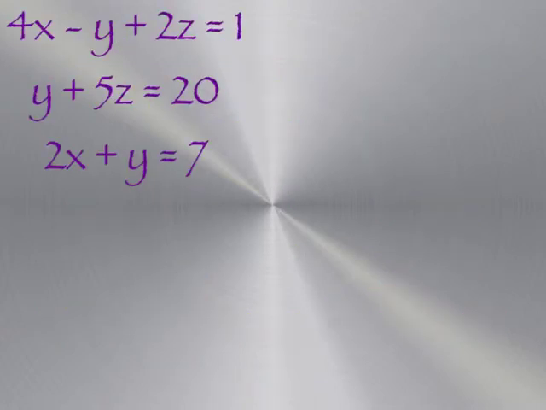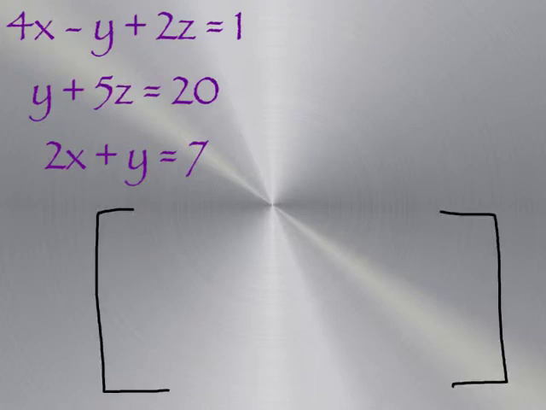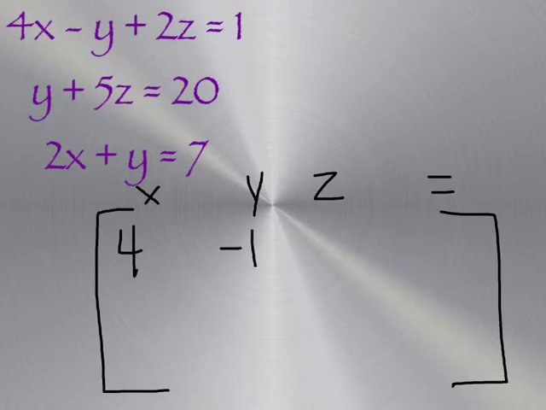All right. If I wanted to rewrite a system of equations as a matrix, I would set it up. My x's would go here, my y terms here, z terms here, and the equal terms here. So the first one is 4x, but we're just going to use the coefficient in the front. Second one is negative y, so we just use that coefficient, negative 1.